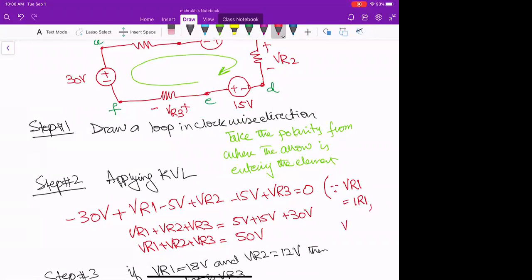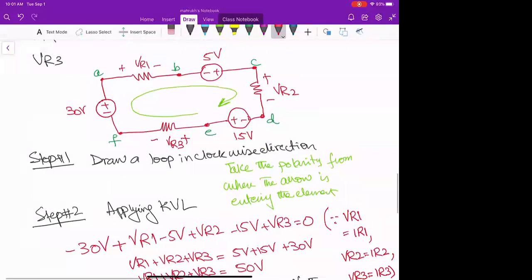Similarly, VR2 is actually IR2, and VR3 is actually IR3. From where I comes in? The arrow that I'm drawing is nothing but I, right? So this is actually I, and this same I is flowing in the circuit.